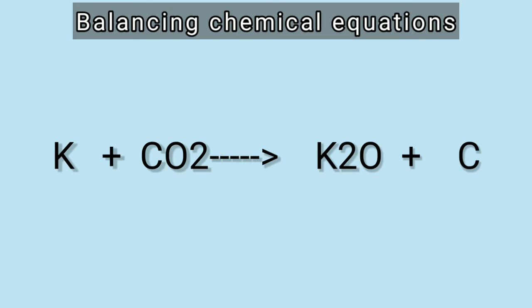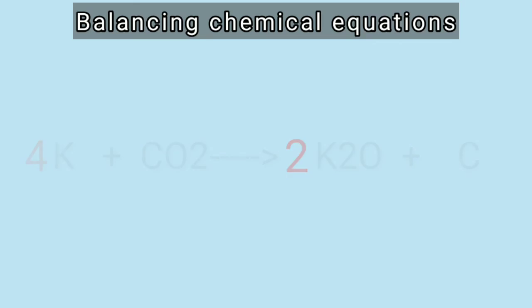So first we will try to balance oxygen atoms by writing 2 as a coefficient of potassium oxide. When we do that, potassium becomes 4 atoms, 2 twos are 4 atoms. So we will correct potassium atoms on the left side by writing 4 as a coefficient of potassium. So now we have 4 potassium atoms on both sides, 2 oxygen atoms and 1 carbon atom on each side. So the equation is now balanced.